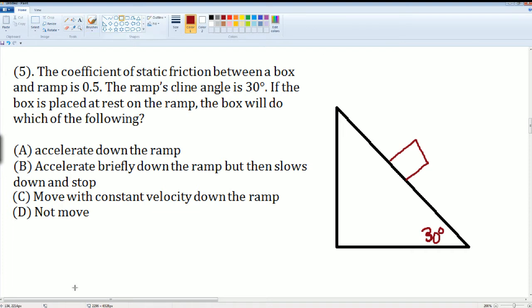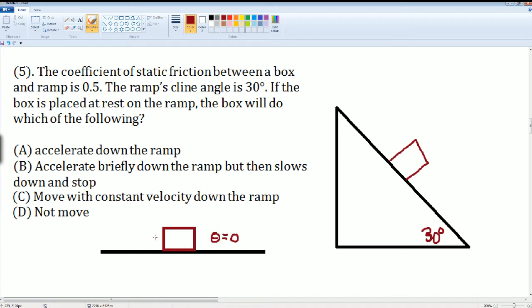Originally, it starts like this. Now, what is the theta here? This is when theta equals 0, because there's no theta here.